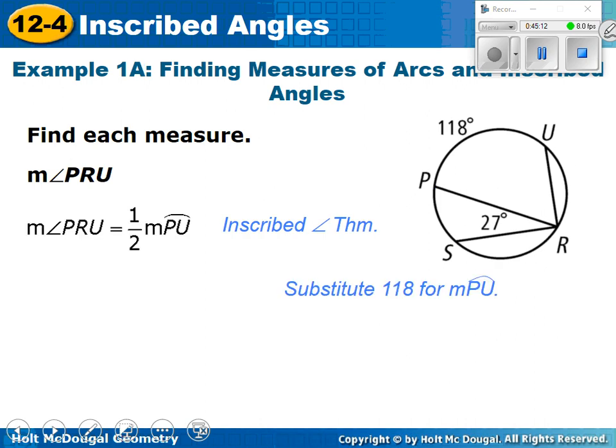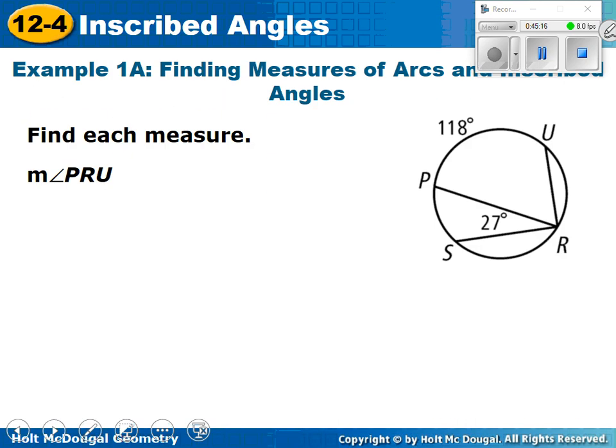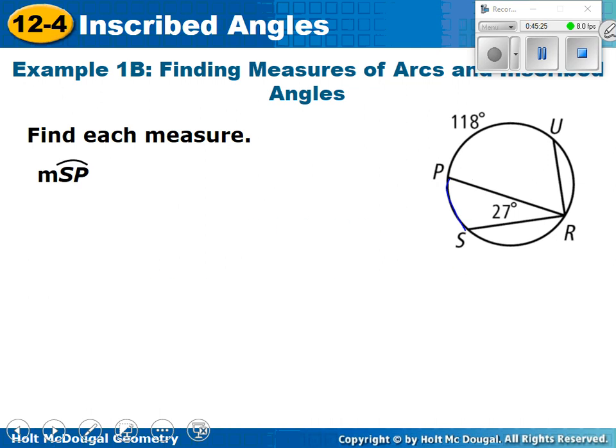So I'm going to skip some of the easy ones maybe and look at some of the harder ones. This one's not very hard. Let's skip it. It's pretty easy. Let's look at this one. It's not hard, but it just makes you go backwards. So look at this one. Find each measure. Measure of arc SP. First of all, how do I know which arc it's talking about? Shortest distance, two letters.